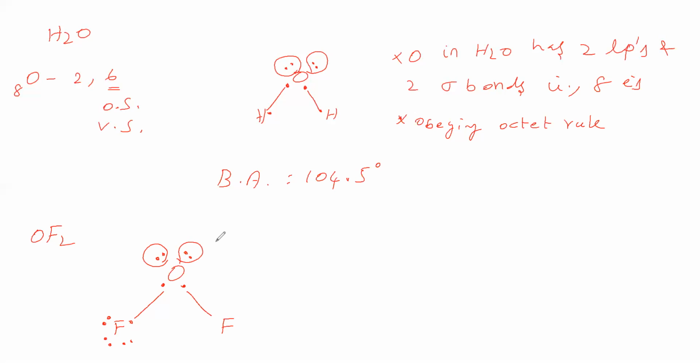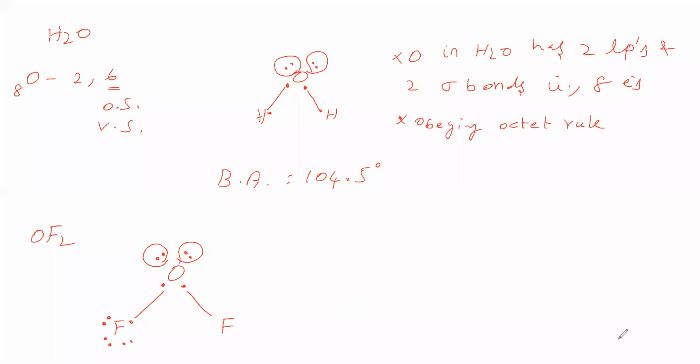In OF2, oxygen is having 2 lone pairs and 2 sigma bonds. Therefore, its valence shell is having 8 electrons. 8 electrons means obeying octet. This shape is also similar to water. Therefore, OF2 we can say bent shape, otherwise V shape or angular shape.